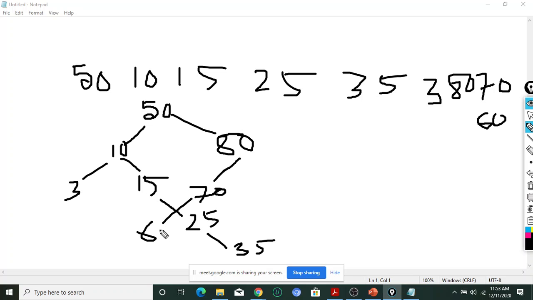So this is the binary search tree. If I construct from the same keys, and if I want to change the order of these keys, for example, if I write 3 here, then make it 10, then 15, then 25, then 35.